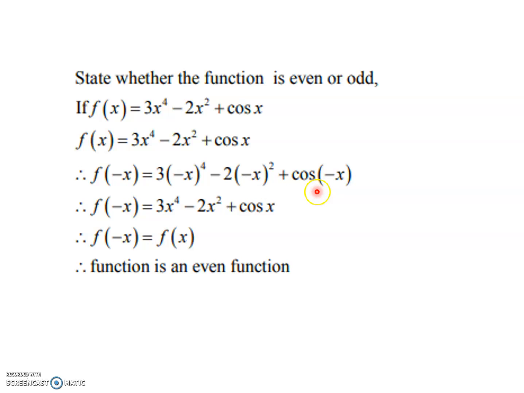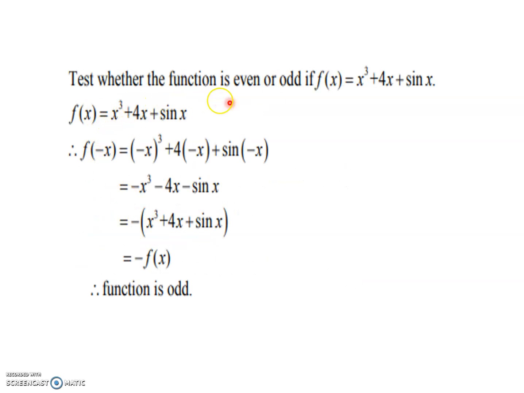We know that cos of minus theta is cos theta, so it is plus cos x. Minus x square is x square, and minus x raised to 4 is x raised to 4. We derive the same equation, 3x raised to 4 minus 2x square plus cos x, which is exactly f of x. That means f of minus x equals f of x, so the function is even.